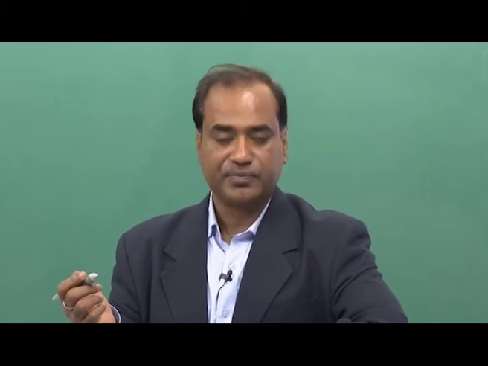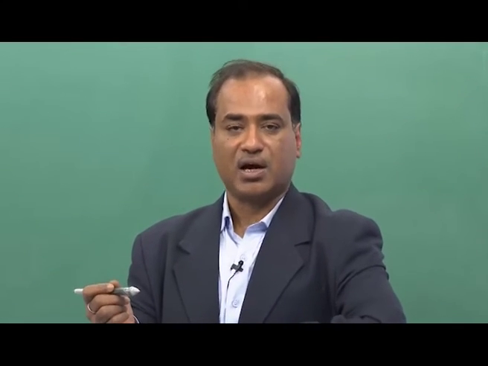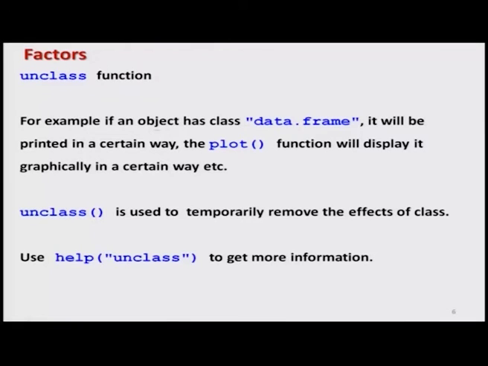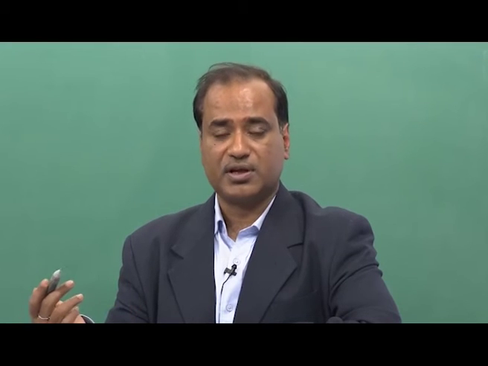For example, if the object has the class data frame, then if I want to print a data frame, we have certain specific commands. And if this object has a different class, say character, we will see later on that in order to print the string of characters, we have different types of commands.